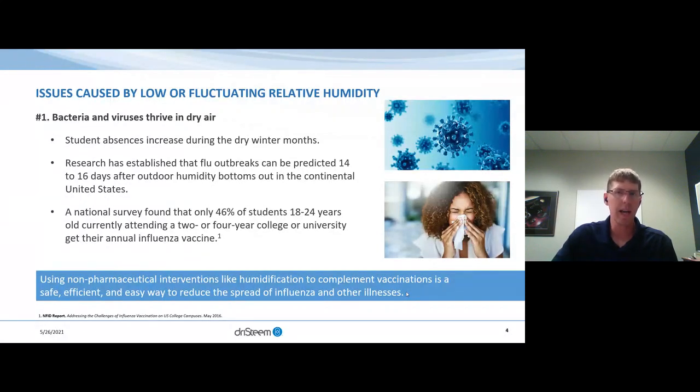So looking at something that doesn't require direct intervention, if we think of the current pandemic and masks and social distancing, all these active measures that we have to put in place to try and help stop the spread. Looking at something more passive, such as humidification, can help keep it safe, efficient, and it's an easy way to help stop that spread. That's an example.